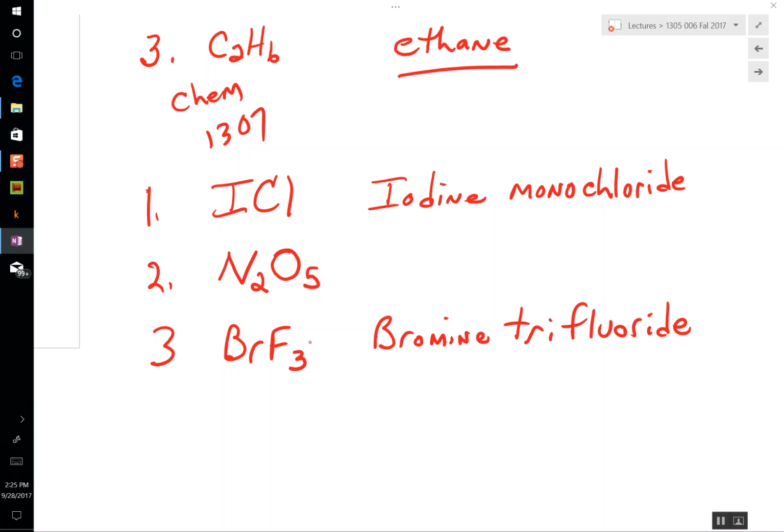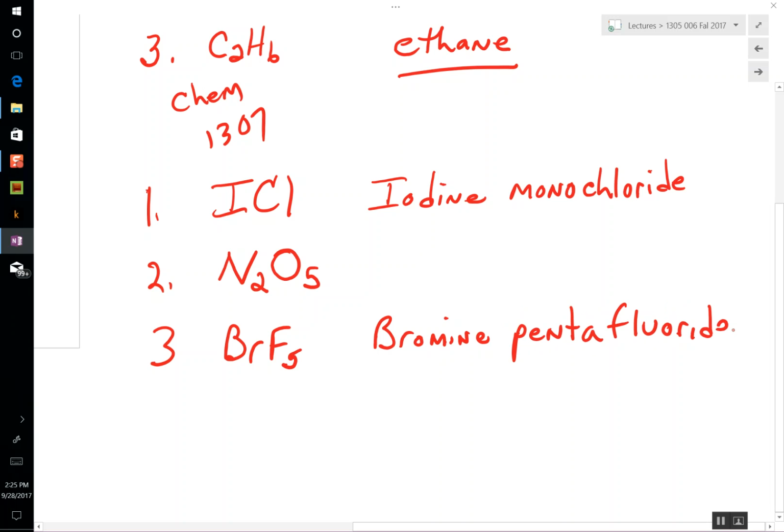Oh, it's a 5. I'm sorry. I looked at it, I thought I saw a 3 there. I thought that was a BrF3. It's a BrF5. Pentafluoride. So here we are keeping the a in the penta.